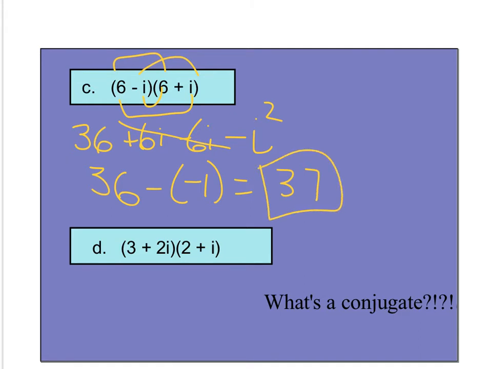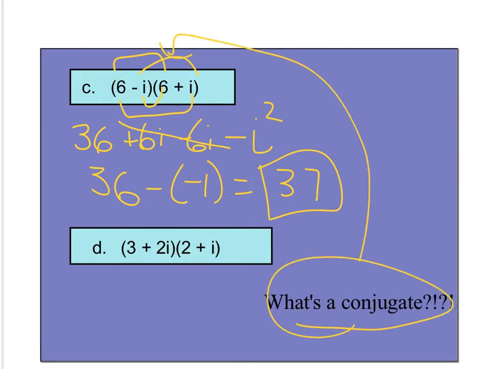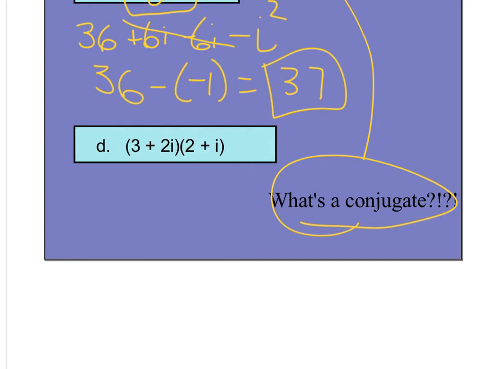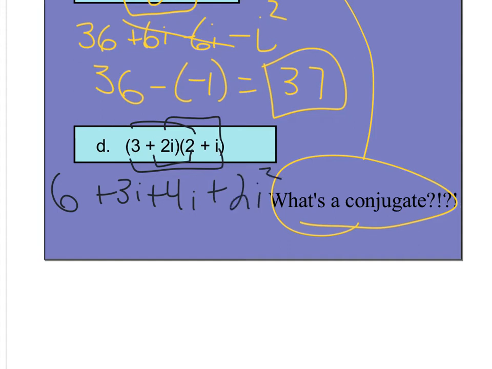Now, only in conjugates is that going to happen, okay? Down here, these two are not perfect opposites of each other. So when I do this, I'm going to have 6 plus 3i plus 4i plus 2i squared.